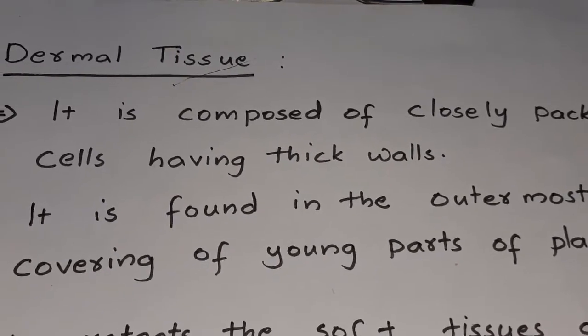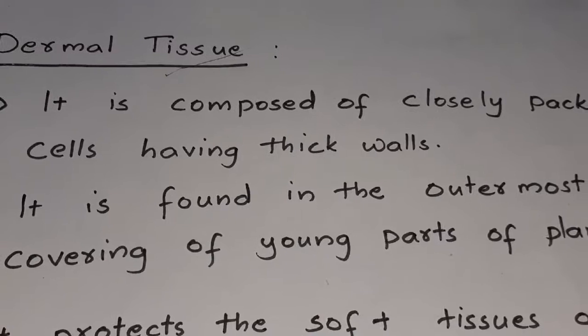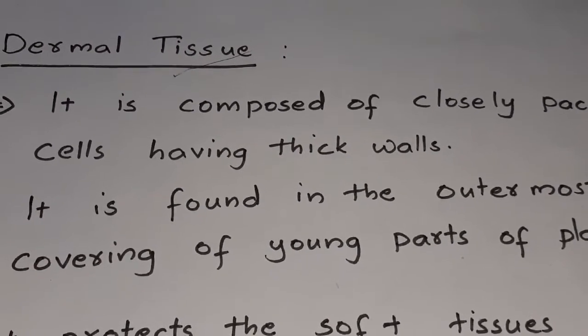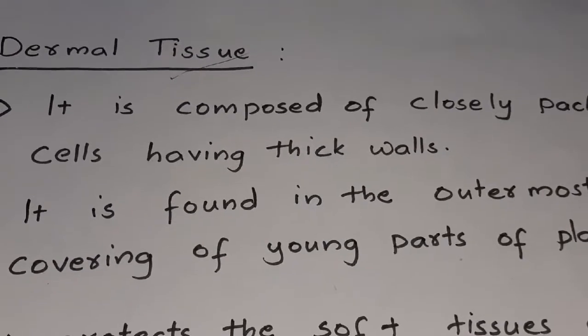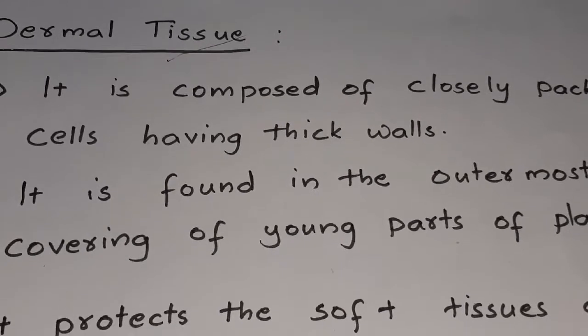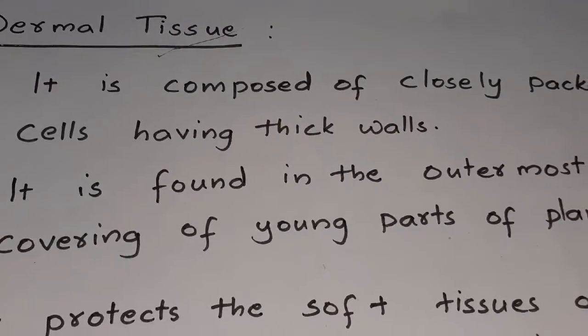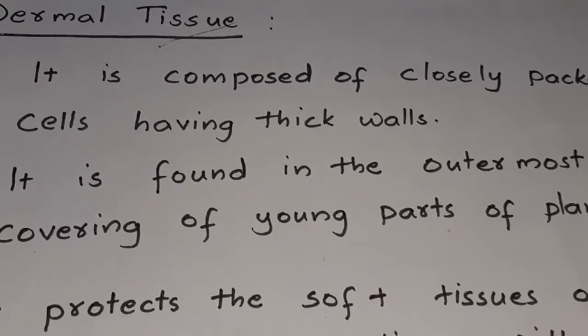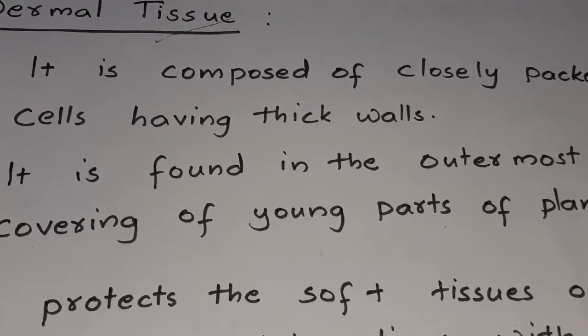First, dermal tissue. The name dermal or derm means skin. So it is covering the plants, the skin of the plant. We can say this tissue is covering the plant. So we'll see one by one all the properties of dermal tissue.